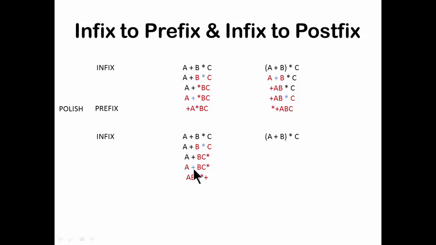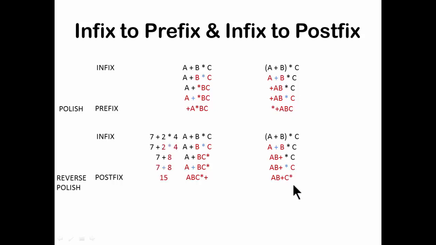Then the second operation is plus. So, operand 1 and operand 2, A and BC star, and plus comes out towards the right-hand side. Similarly, if you solve this, A plus B would be evaluated first, so it will result in AB plus, then multiplication. So AB plus C star is the result.